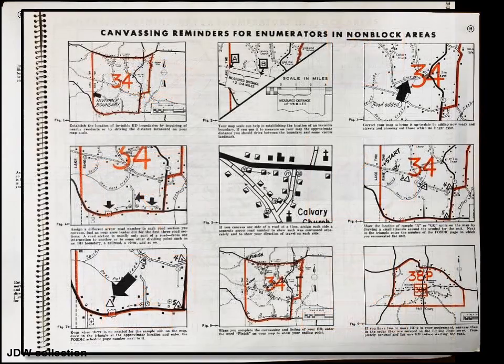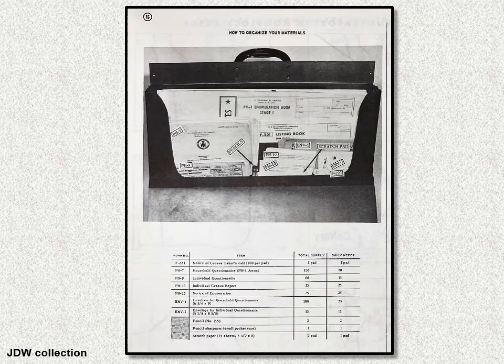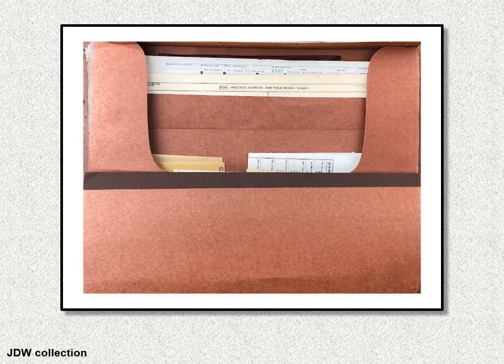And this particular one is for non-block areas, as you can see up there, and for people who were enumerating large cities, they wouldn't even see this page in their manual. That page is blank. It even shows how to organize your materials in that carrying case that they have. I opened up my carrying case, but I certainly don't have as many forms in there to show you what it looks like.